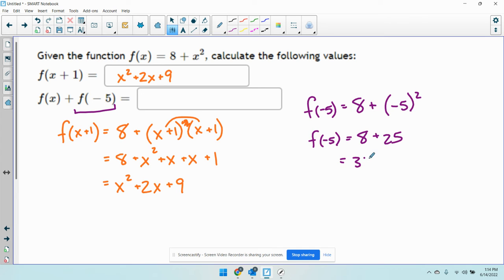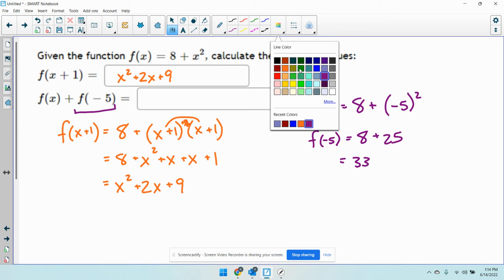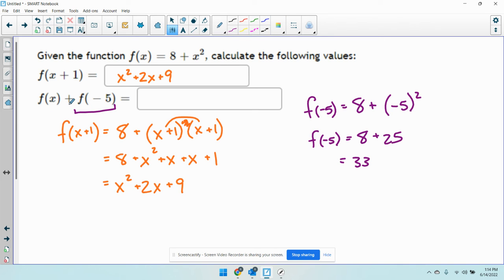So this is 33. So if I want to figure out what f of x plus f of negative 5 is, I'm just going to rewrite f of x is 8 plus x squared plus f of -5, which is 33. So I'm left with x squared plus 41. That's it there.